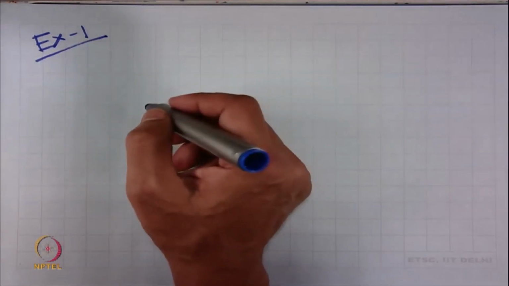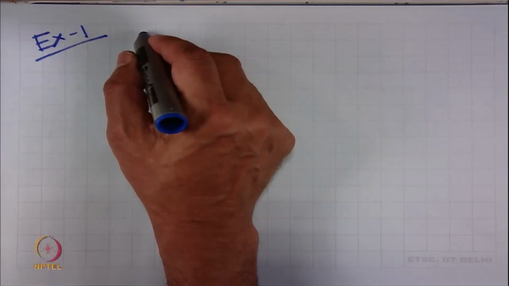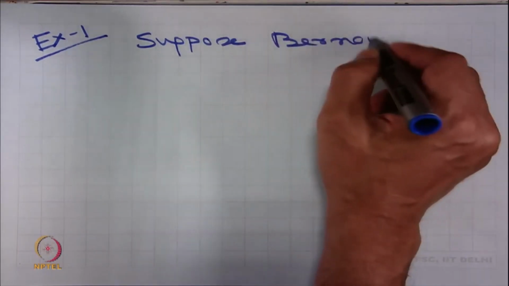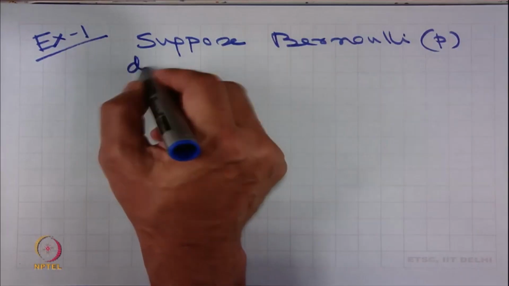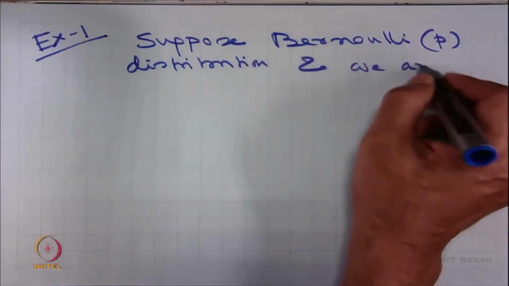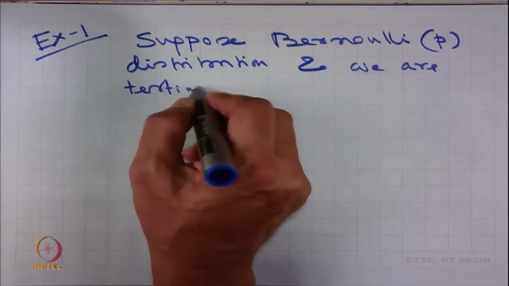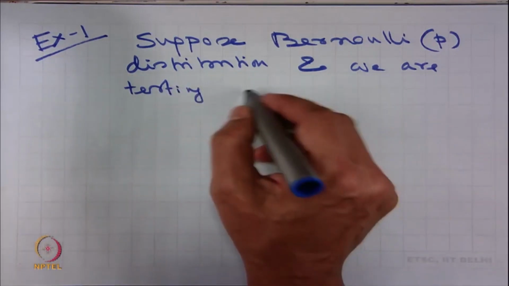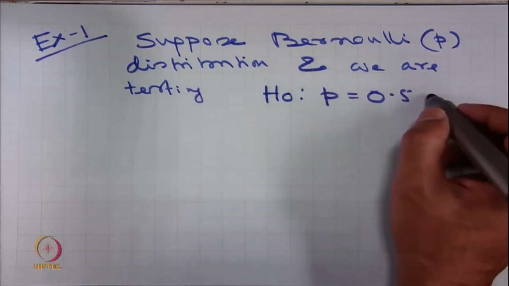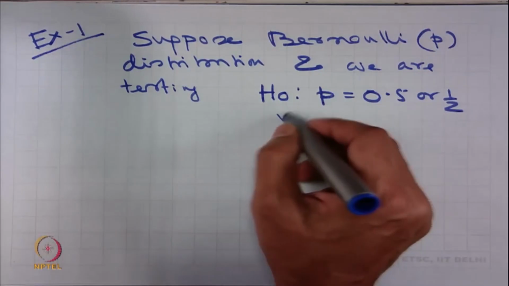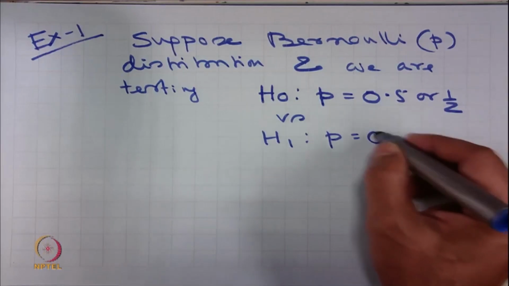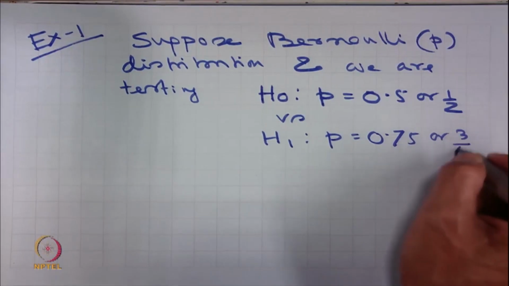Let us consider the first example. Suppose we are tossing a coin, so we are looking at a Bernoulli P distribution, and we are testing, say, H naught: P is equal to 0.5 or half, versus H1: P is equal to 0.75 or 3/4.